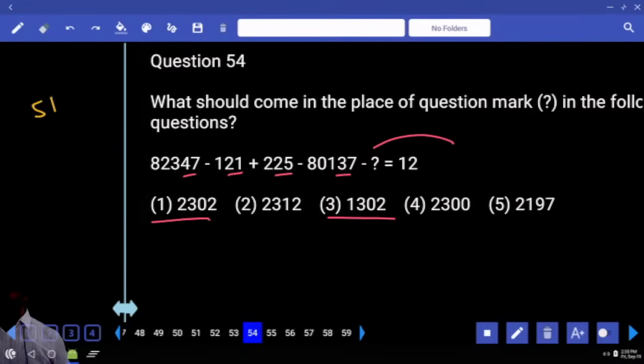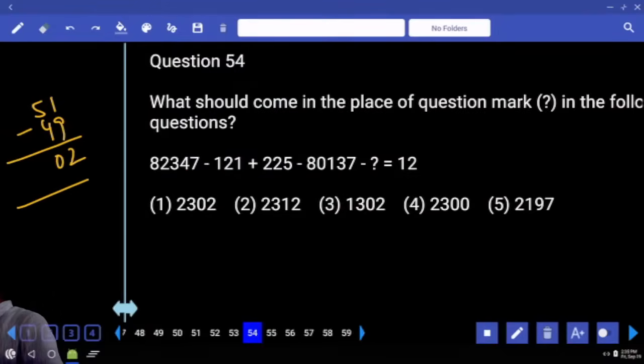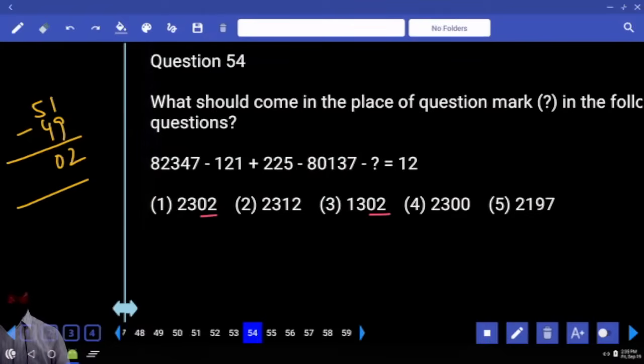This is minus 37, this is also minus, both 40. So 49 subtracted from 51 gives 02. Now, when you verify the last 2 digits, was there any carry? No. So the answer is 02, first option, or now concentrate on the first 2 digits, thousands place and hundreds place.